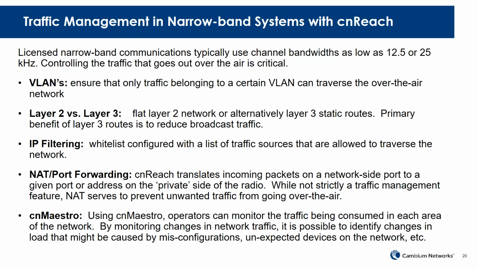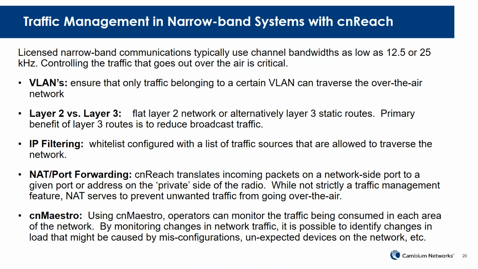So you want to make sure that over-the-air capacity is well protected by the radio and by the system, because you don't want stray traffic to go across that. There's a number of features in cnReach that help manage that. Certainly, we've had support for VLANs and being able to tag traffic, and move or allow only traffic that belongs to certain VLANs.